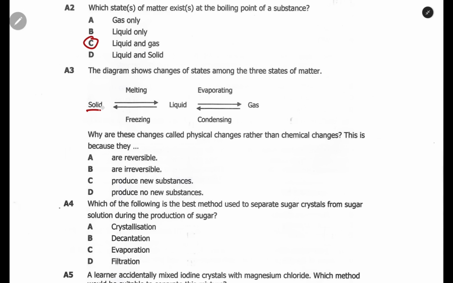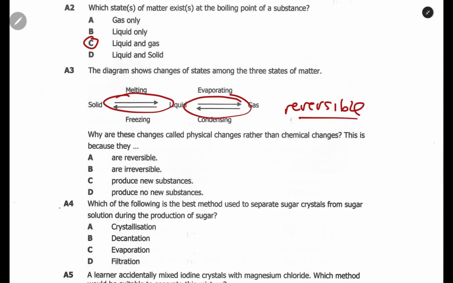From this diagram, what I can see are arrows going forward and backward. This means reversible. So this is because they are reversible. The other thing you need to know is that a physical change is a change in which no new substance is formed, but in a chemical change a new substance is formed.